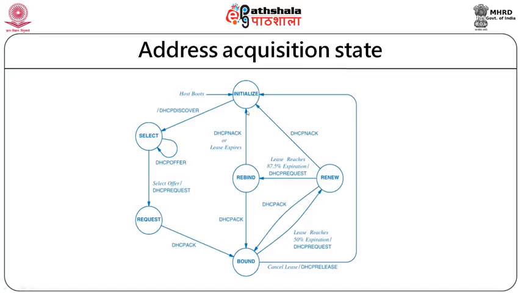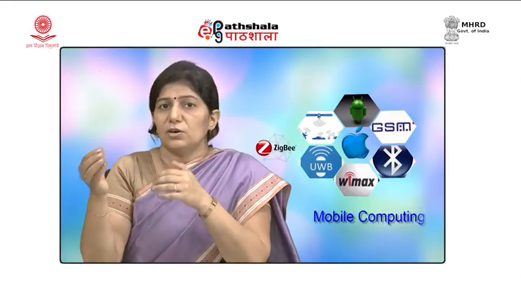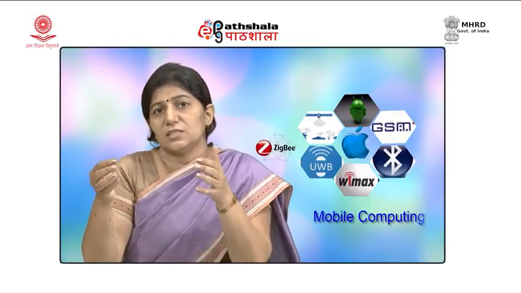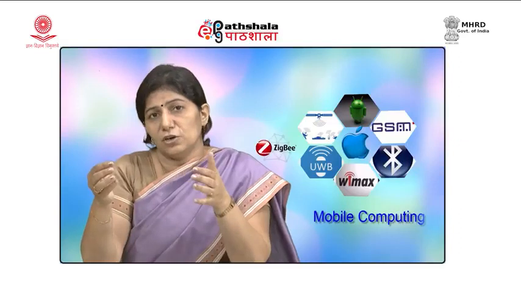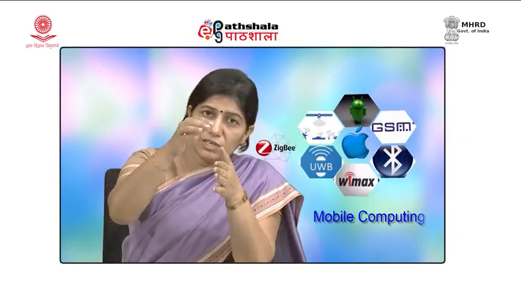So how the address acquisition state works: from initialization it goes to select, from select to request, from request to bound, and from bound it goes to renew or rebind, and from renew, if it gets a DHCP not acknowledgement signal, it will go to the initialize state.